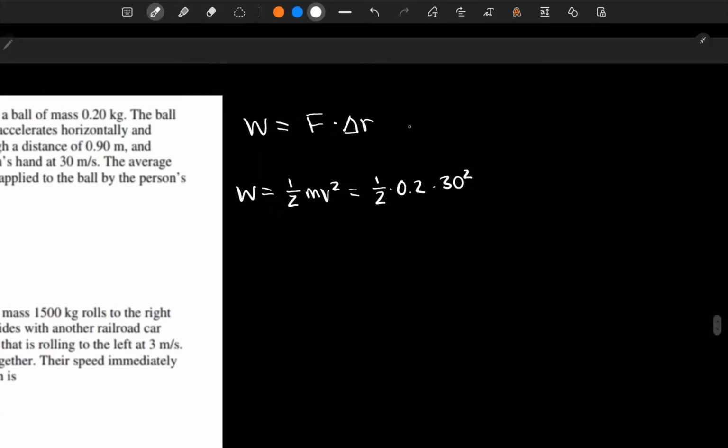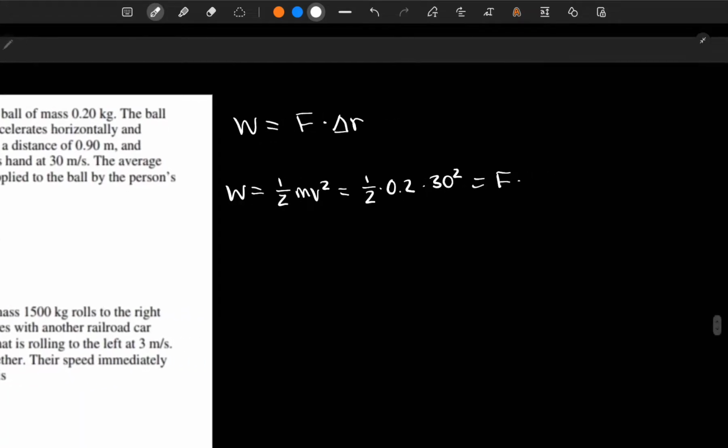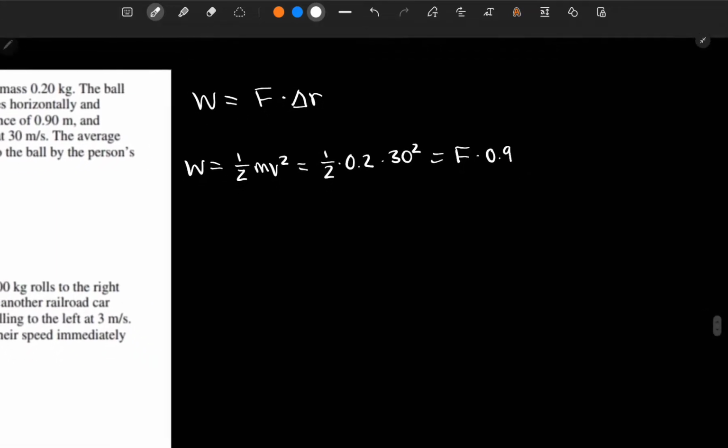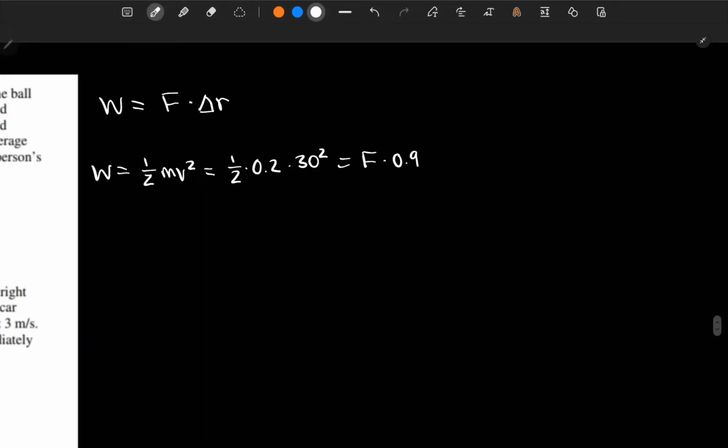And we want this to be equal to the average force exerted times the distance over which it is exerted, which is 0.9 meters. Then, solving for F, we find that F is equal to 1/2 times 0.2 times 30 squared over 0.9.